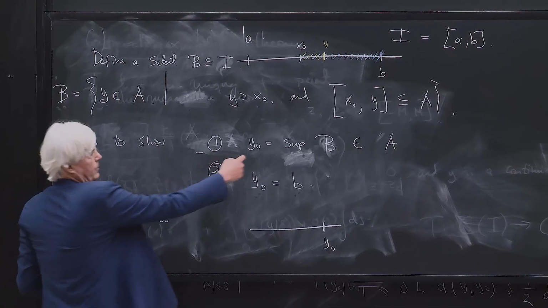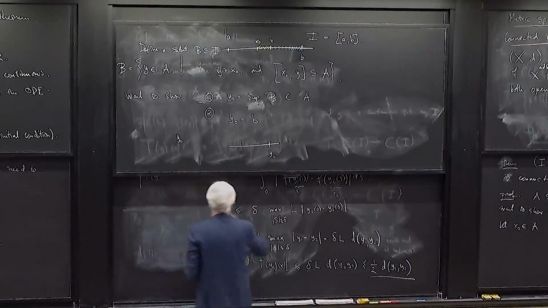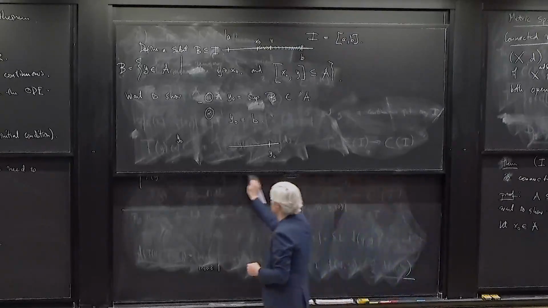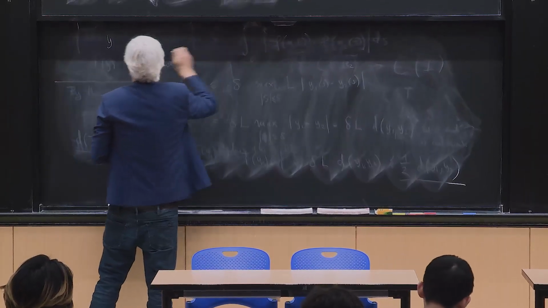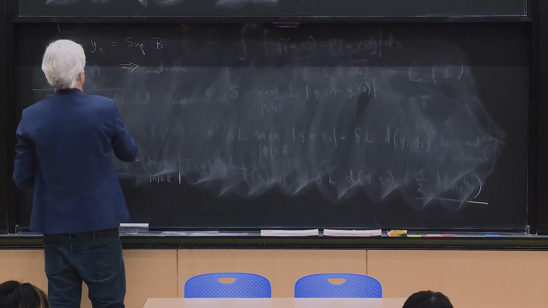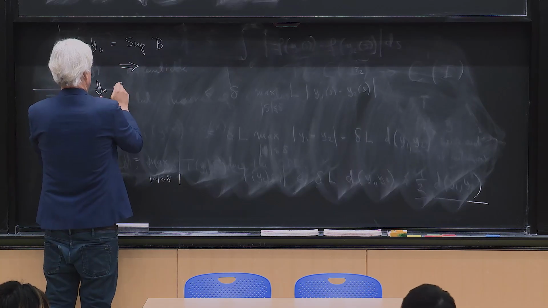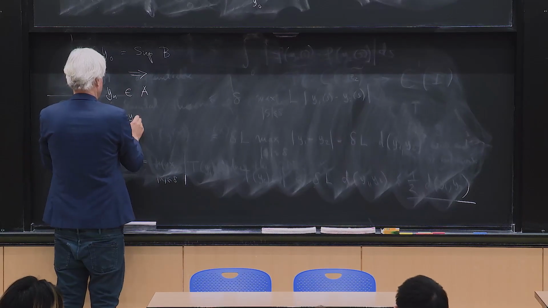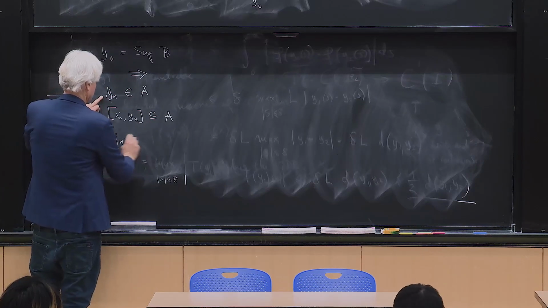So that y0 is the sup of such elements in capital B means that there exists a sequence of elements in B. This here implies that there exists a sequence yn, and these yn are in A, and you have that the interval x0 to yn is contained in A. And then you have that these guys converge to y0.